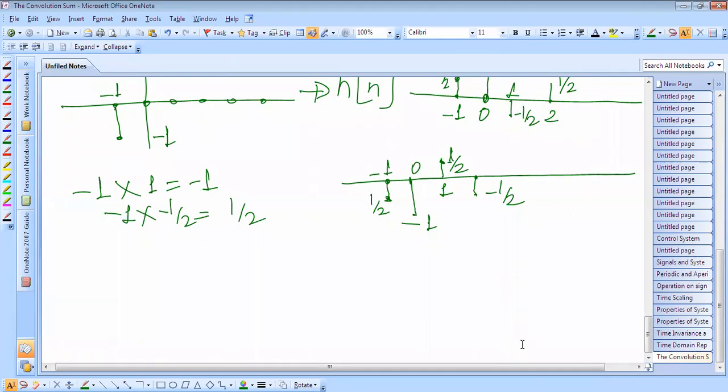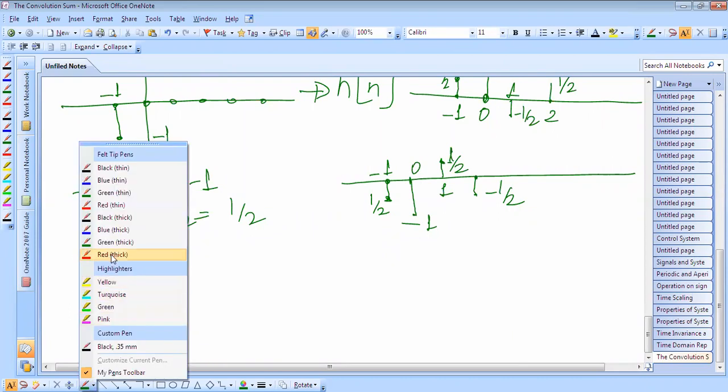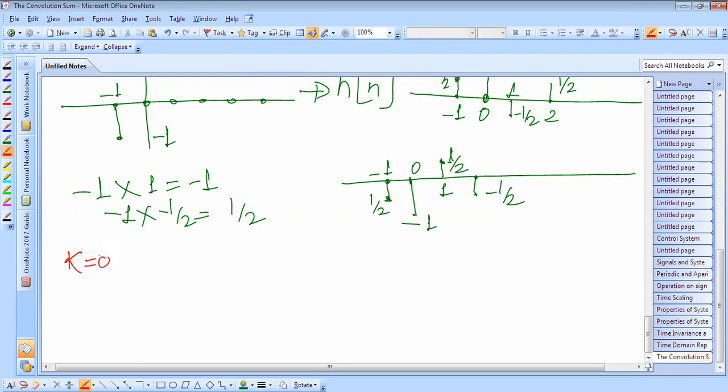signals. Now we'll consider k is equal to 0. For k is equal to 0, if you put in this equation, what will you get? x of 0, and delta of n minus k.